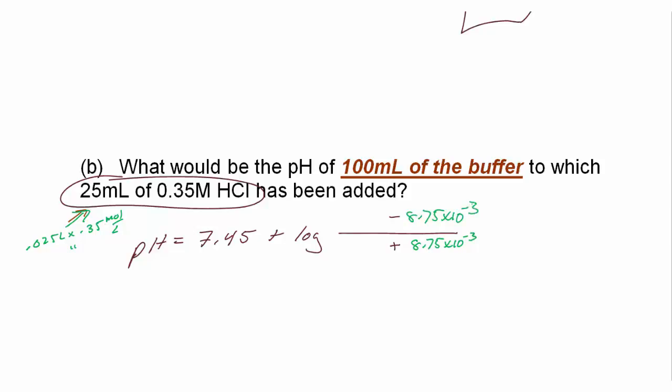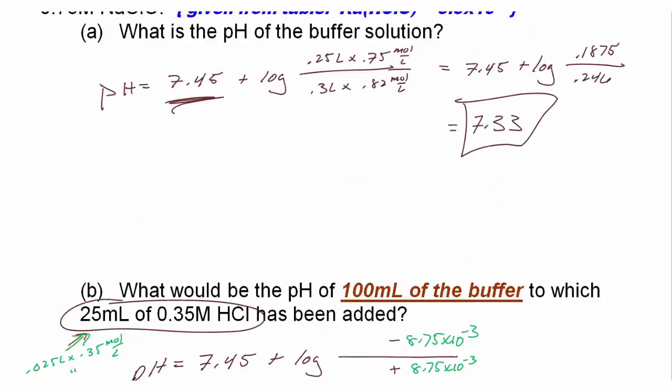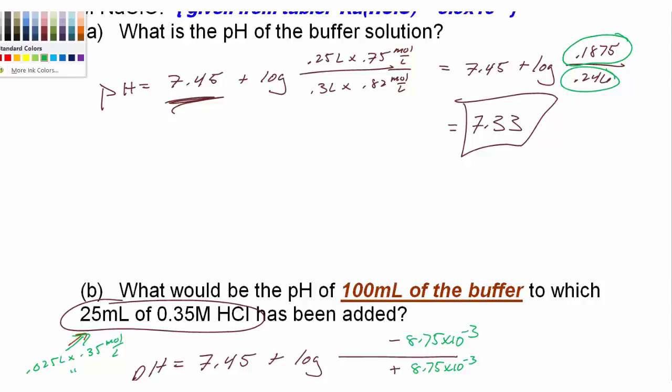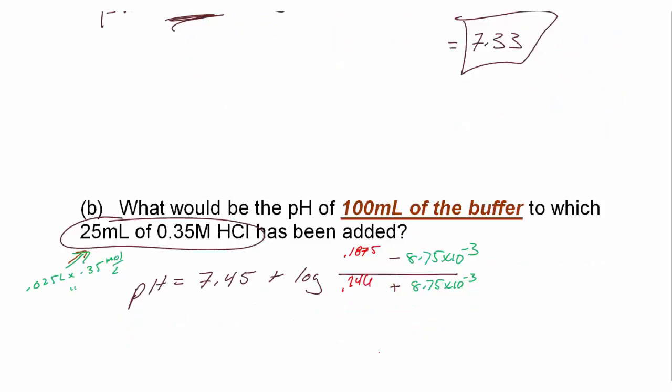Okay. Now, how many moles of conjugate base and conjugate acid did I have there originally? Here are the numbers. 0.1875 and 0.246. Okay, now that's the entire buffer though, so I can't use the entire buffer. What's the fraction?